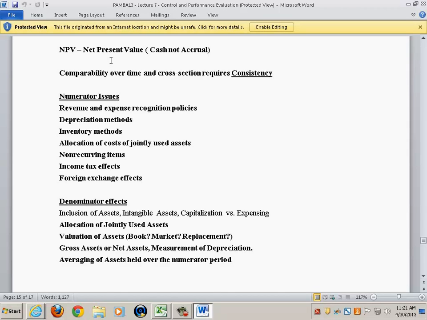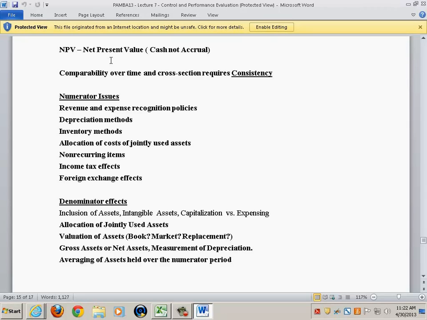Non-recurring items, income tax effects, foreign exchange effects, and of course the list is by no means exhaustive, but it just reminds you that there are many different ways to measure earnings or profits, which is the numerator.